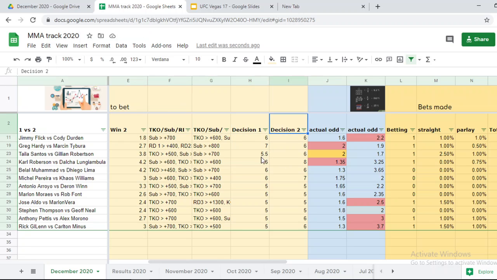Decision, prop bets, and basically I'm saying here, if I find these lines, I'll be betting these guys by decision, all right? And this means that I'm betting, and again, this is the percentage, and this return is just the multiplication of this by this.